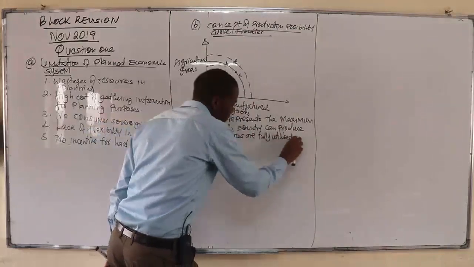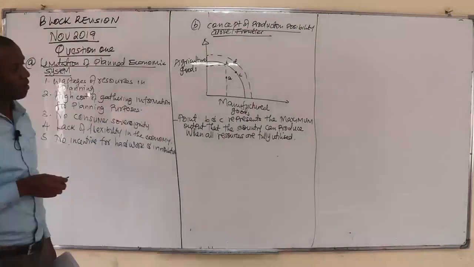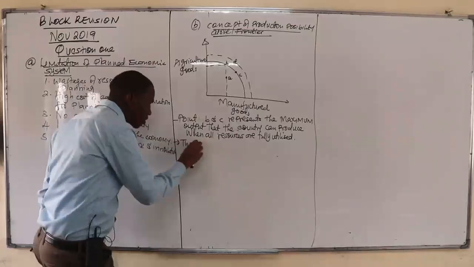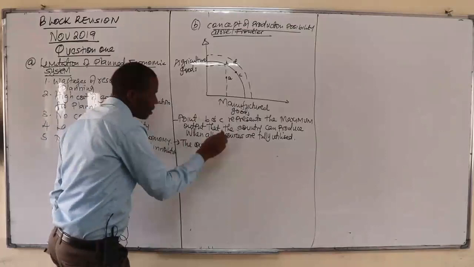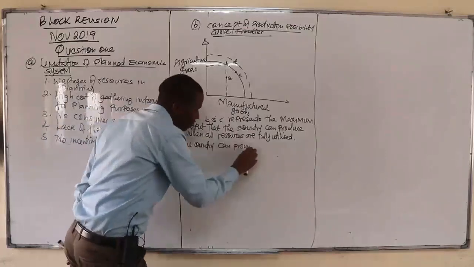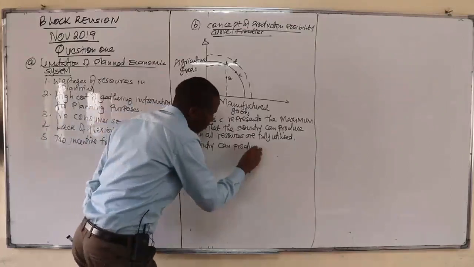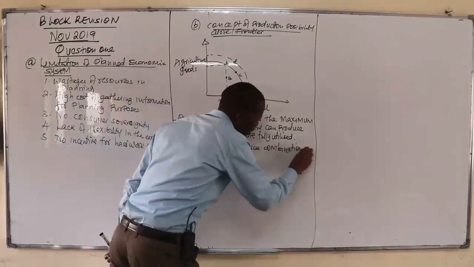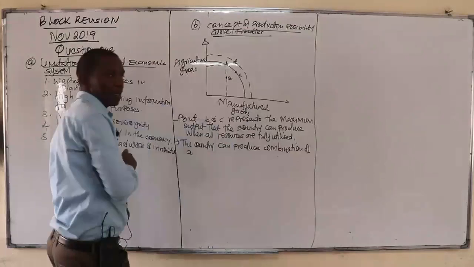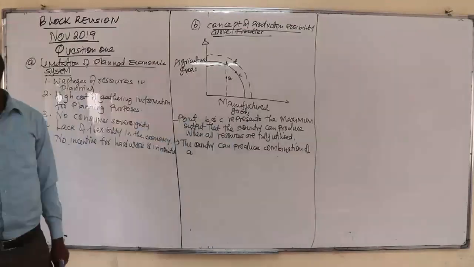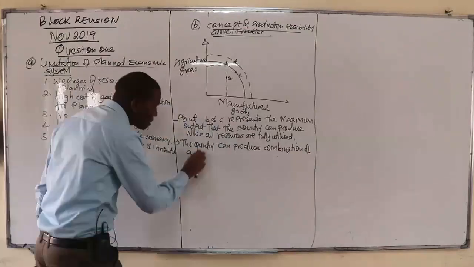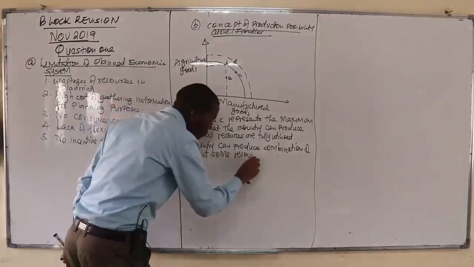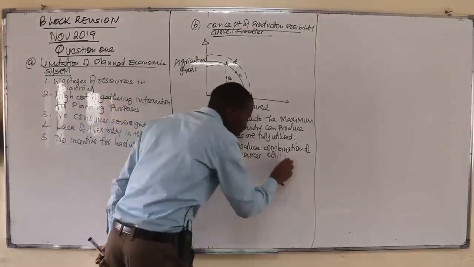Point A. Then the country can produce a combination of this A, but this means that some resources will not be fully utilized.